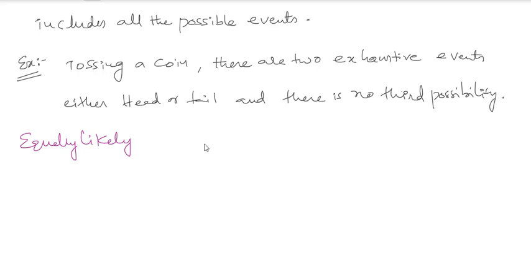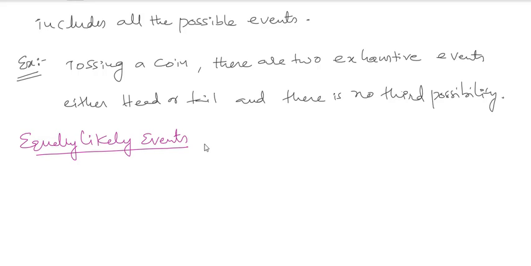Equally likely events. Equally likely events means what, ma? If one of the events can't be expected to happen in preference to another, then such events are called equally likely events. Am I right or not? So let me take an example.